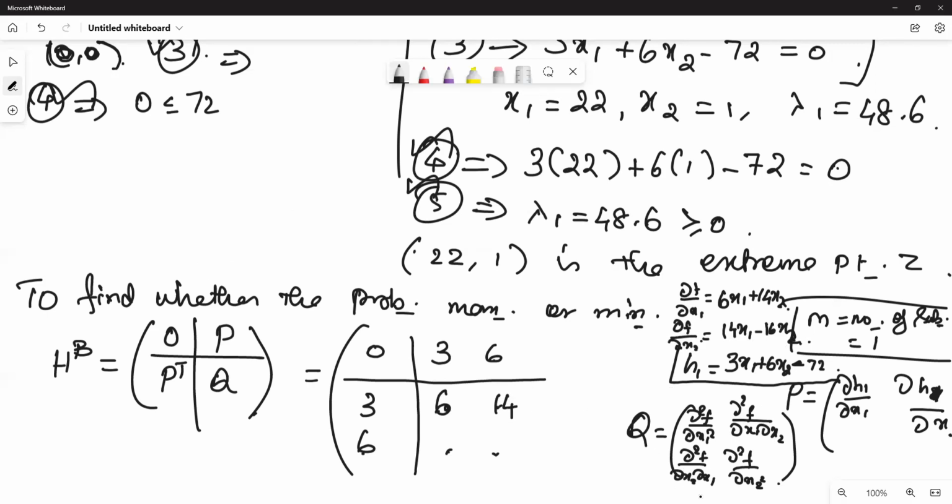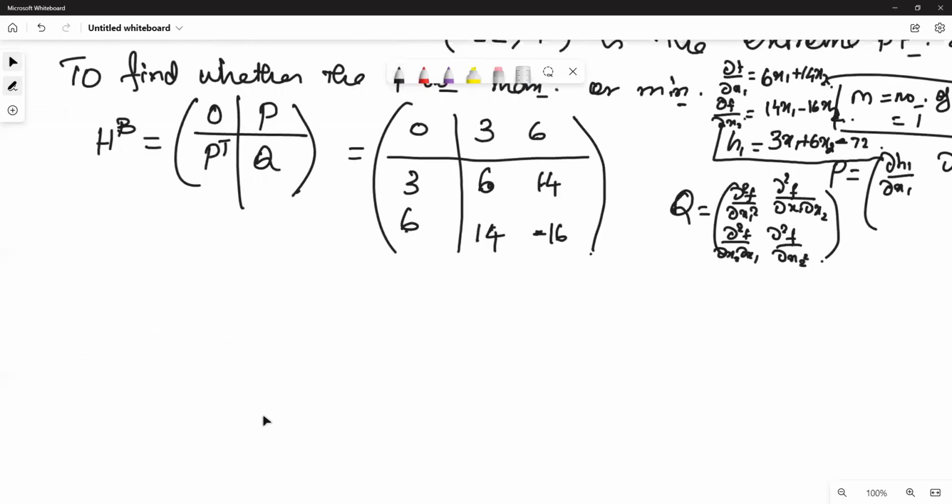Next, ∂²F/∂x2∂x1: we differentiate ∂F/∂x1 with respect to x2, which is again 14. ∂²F/∂x2²: differentiate ∂F/∂x2 with respect to x2, so minus 16. So this is the bordered Hessian matrix we have got.